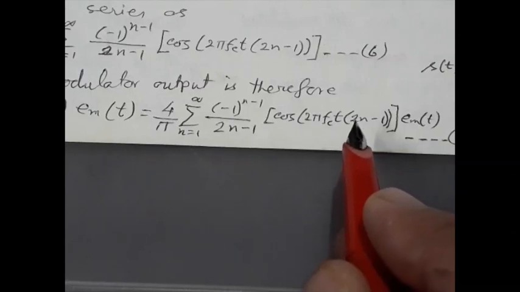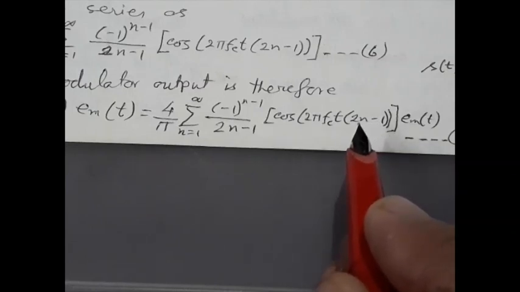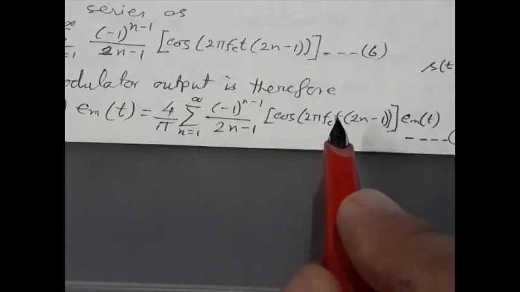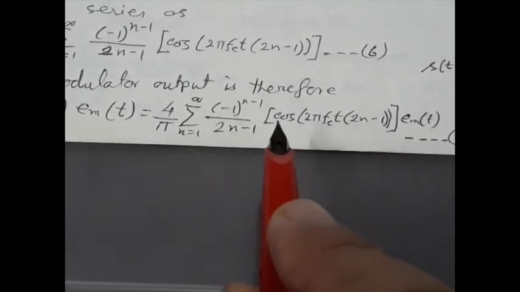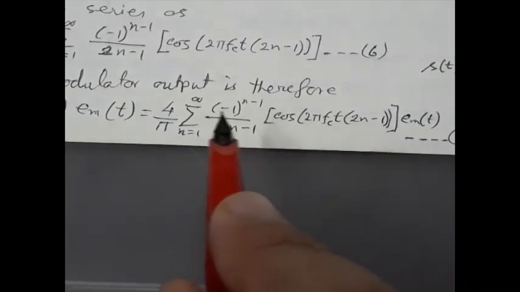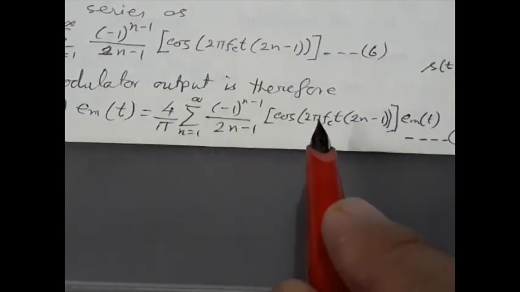Then it becomes 2 into 1 minus 1, so 2 minus 1 means Fc. So for n equal to 1, this becomes EMT into cos 2 pi fct along with some coefficient, and this is the desired signal.